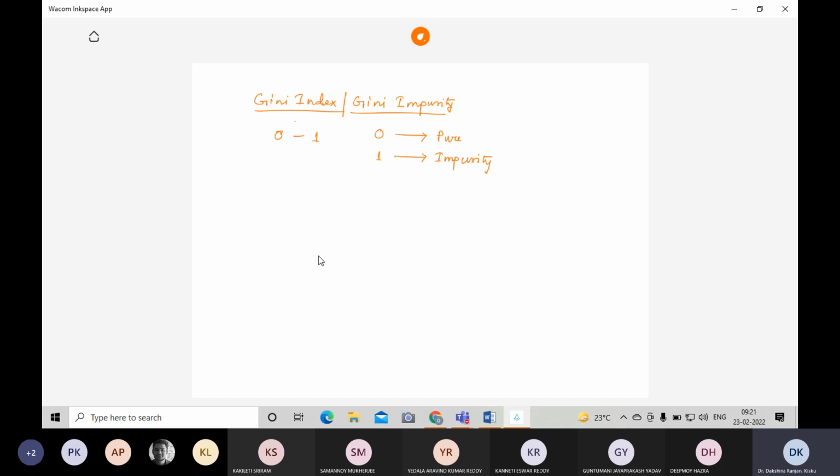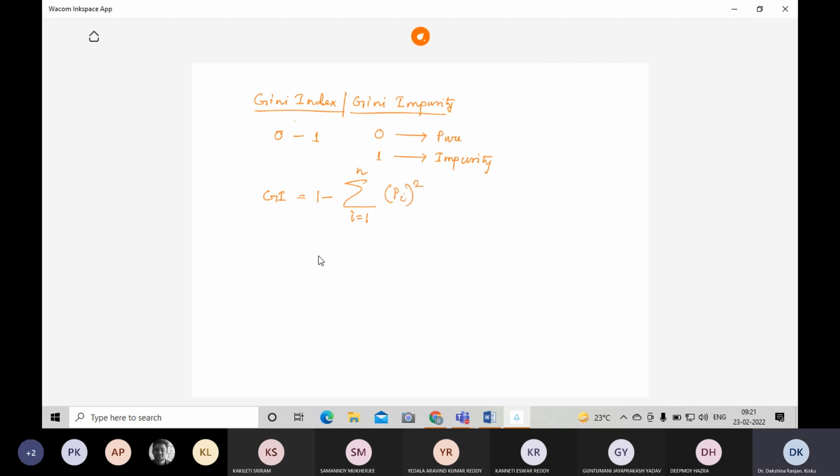Now how to calculate this Gini index? The Gini index is given by 1 minus the summation over i equals 1 to n of the square of pi.